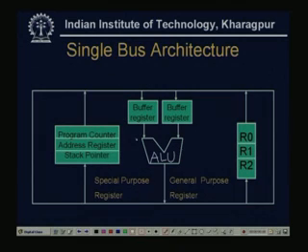So, first R1 should come to buffer 1, if this is my B1, then in the first clock cycle R1 will come here. So, this is R1 to B1. Similarly, in the next clock cycle the value of R2 will come. So, this is R2 to B2, and then those 2 values will be added.